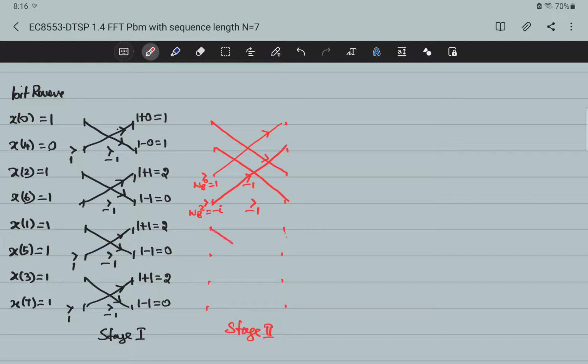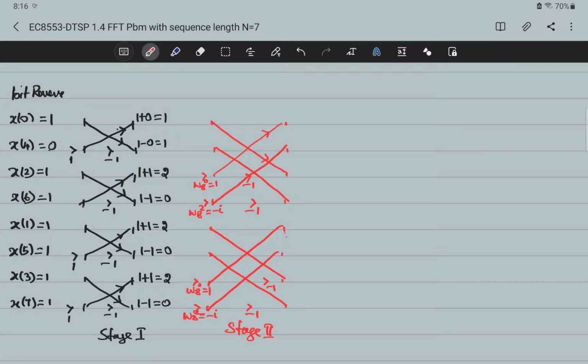Then again combine the first and third line of the second, then put -1, -1, and here it is W8 power 0, which is 1. Here W8 power 0 is 1, this is 2.